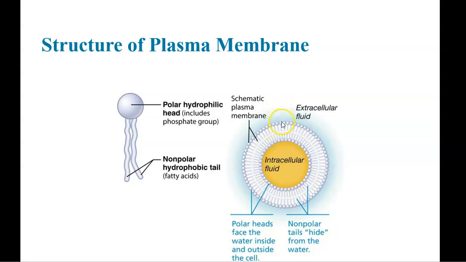Anything that's either charged or any molecule that's too big will not cross the phospholipid bilayer. Some of the things that can pass would be things like water, because even though water is a polar molecule, it's so small that it does slip through the phospholipid bilayer.